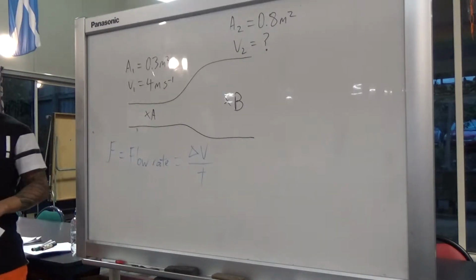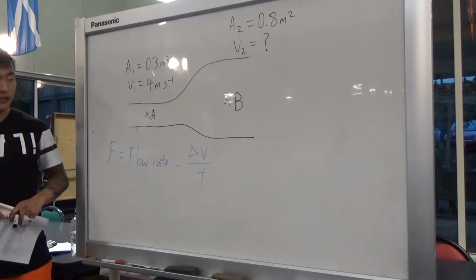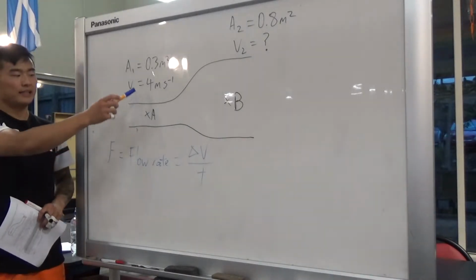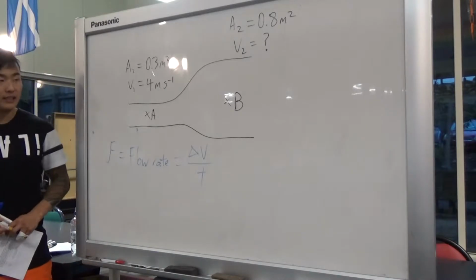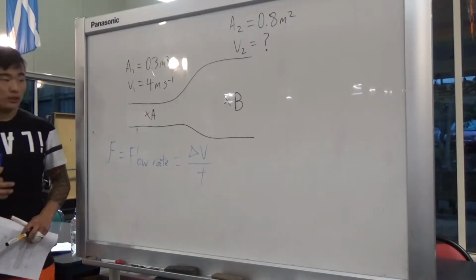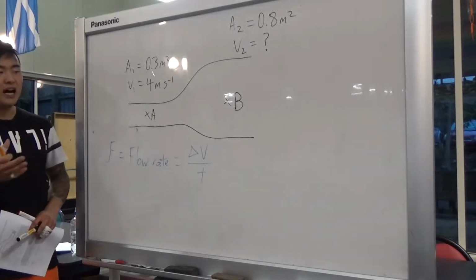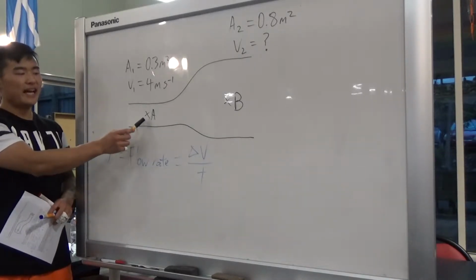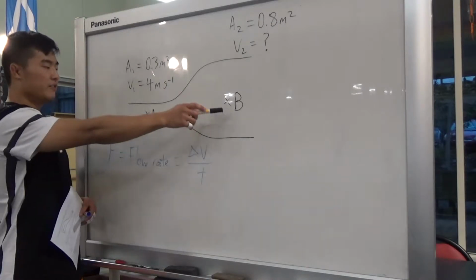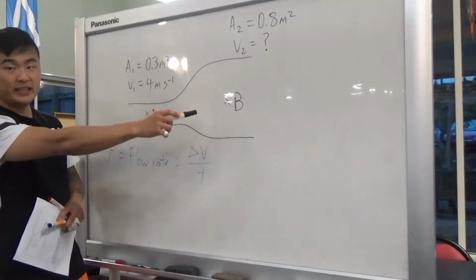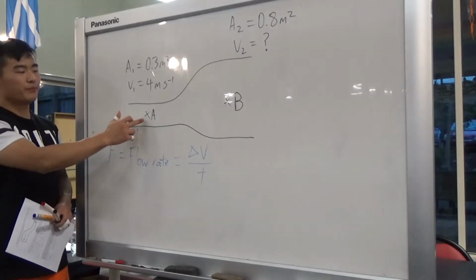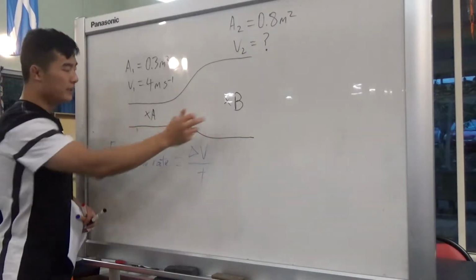Okay, per unit of time. So that's telling you how much liquid is flowing past each point. Okay, and if you've got a pipe, the amount of liquid flowing past point A will be equal to the amount of liquid flowing past point B. Okay, so there's the same volume running past point A and point B.